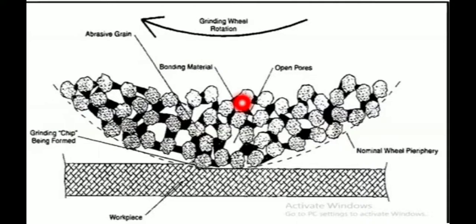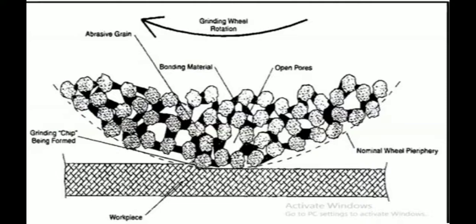Let us see it in the diagram. This is the rounded shape of the abrasive particles, which are connected with each other by the black material called the bond.